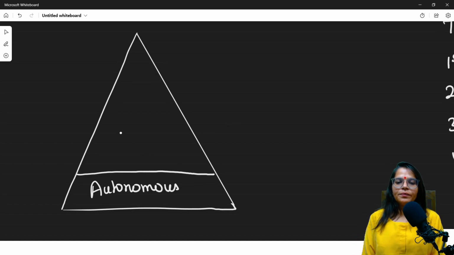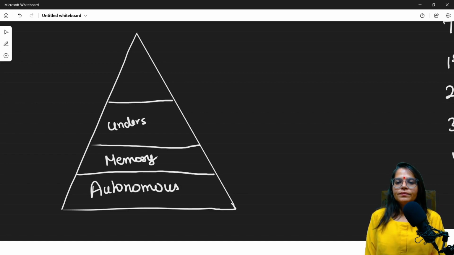This is the first level. After that, the next level would be called the memory level. The next level would be called the understanding level. And the last one, the topmost, is known as the reflective level.